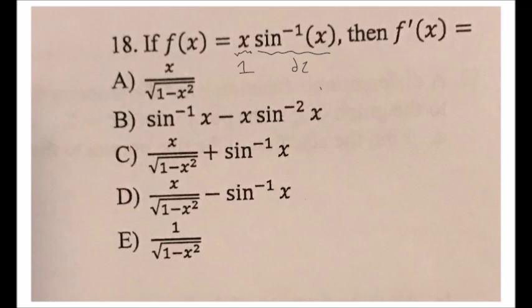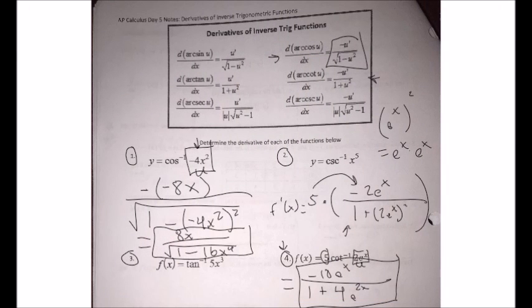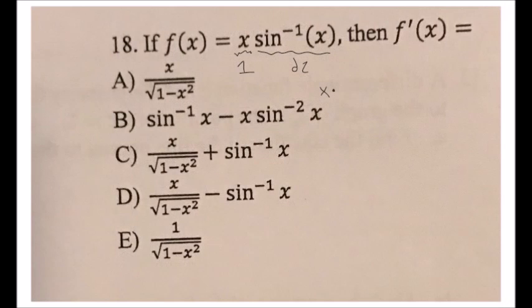So 1, d2. But d2 is just one of these memorized derivatives. U prime over root 1 minus u squared. U prime over square root of 1 minus u squared.